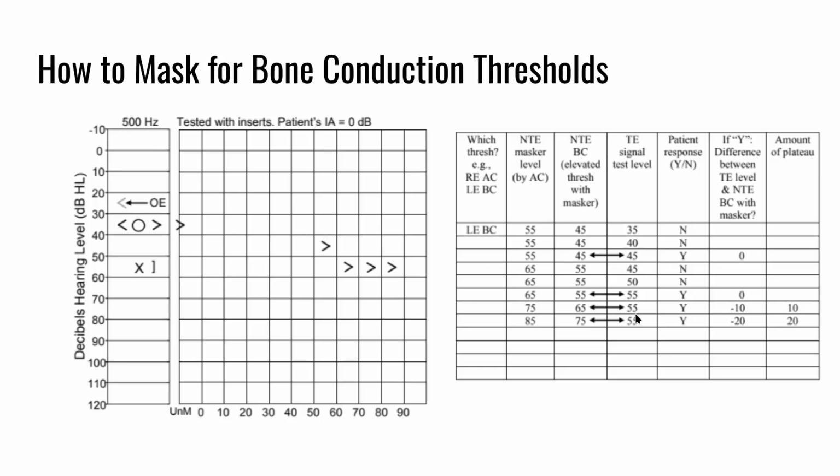We increase our masker to 85 dB. So we have a plateau of 20 dB, going from 65 dB up to 85 dB. We have a 20 dB plateau, and that's with our threshold here at 55 dB. So our masked left ear bone conduction threshold is at 55 dB, and you should be able to follow it in the table here on the right hand side.